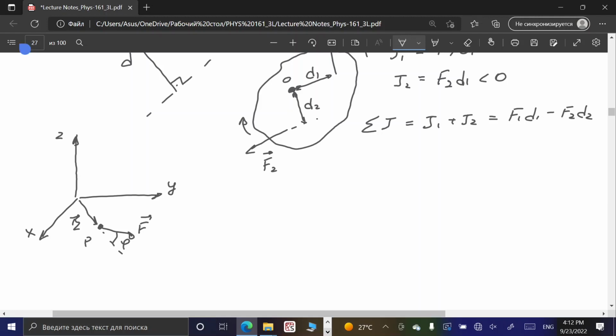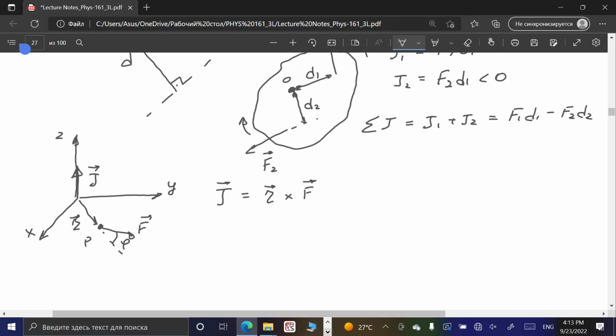So the direction of the torque vector is defined as the cross product of the position vector and external force. That means that the torque vector will be perpendicular to the plane where these two vectors are defined, and in this particular case it will be oriented along axis z. So we have the torque vector here.